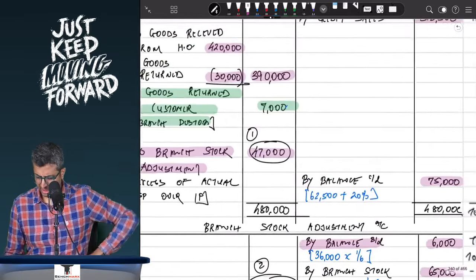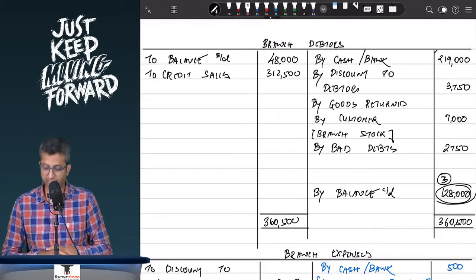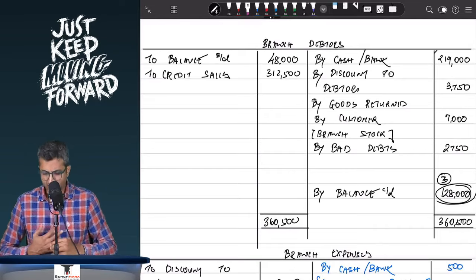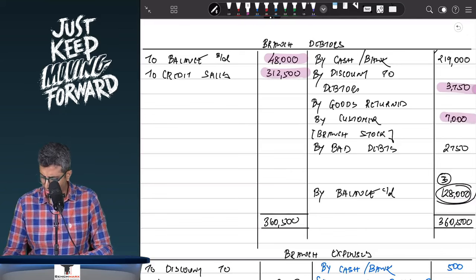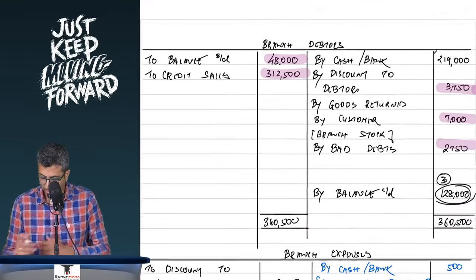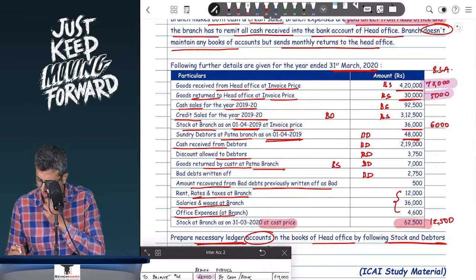Aja, next, when you look at branch debtors, I believe I don't have the balance of the debtors, but I have all of these adjustments जो मैंने बोले: opening, then credit sales, then discount, goods returned, bad debts, everything. Now the problem is, is there any cash remittance mentioned anywhere?